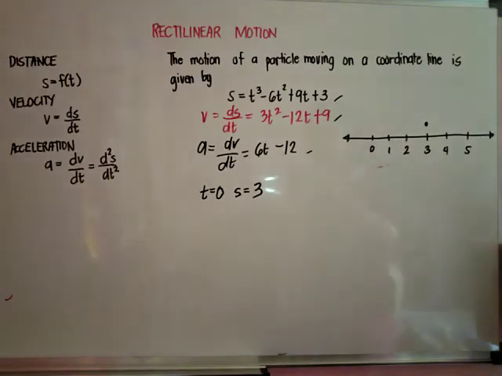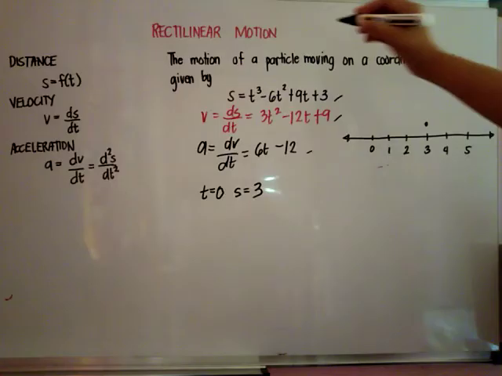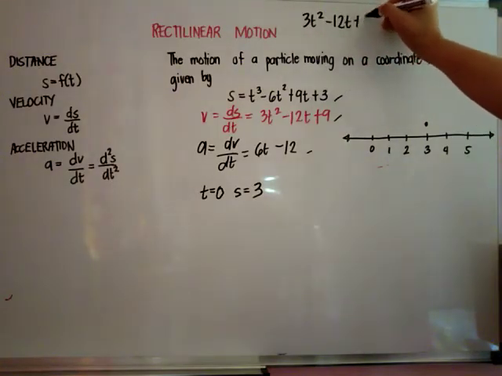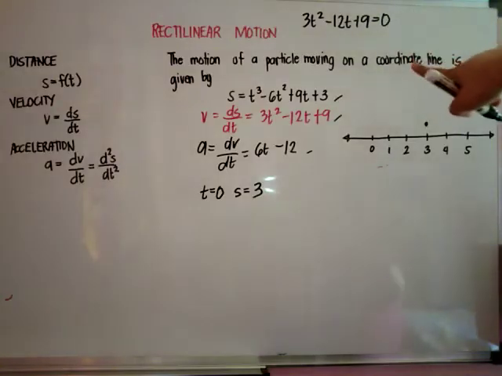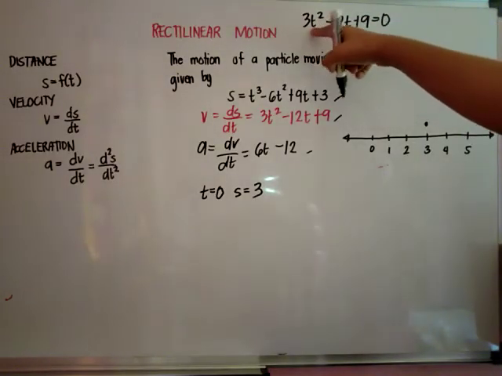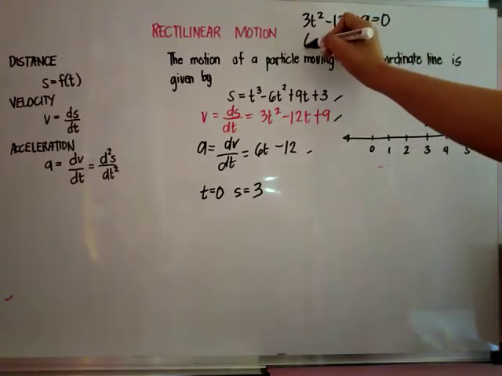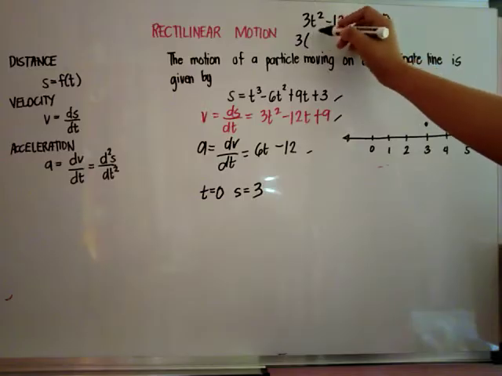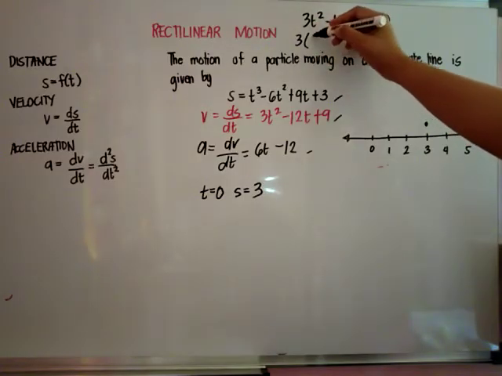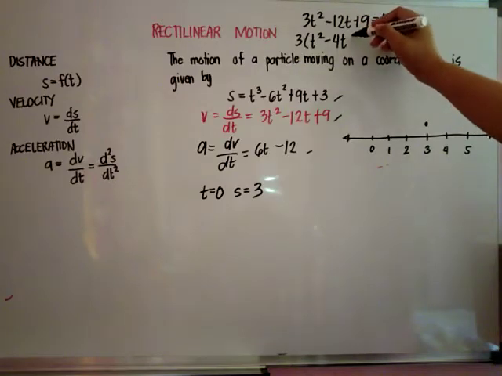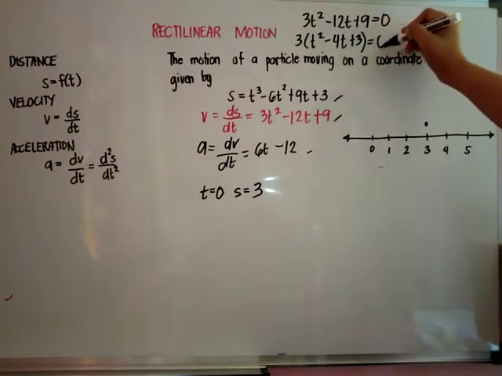Therefore we have 3t squared minus 12t plus 9 equal to 0. So, anong gagawin natin para makuha yung values ng t? I-factor out lang natin. We have 3 times t squared minus 4t plus 3 equals 0.